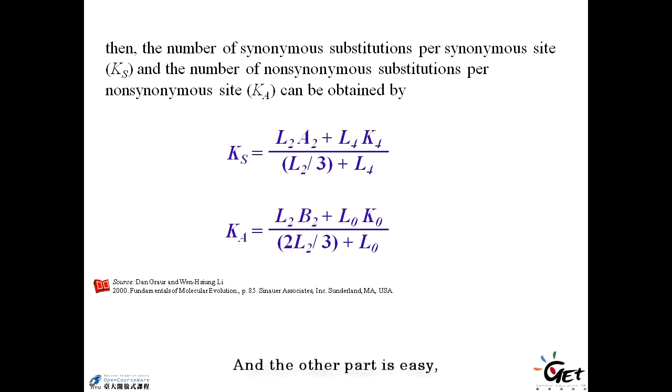The other part is easy. It's just like the total number, the 4-fold, 0-fold, and 2-fold degenerate sums. So that's the way Li proposed to estimate the number of changes based on degeneracy.